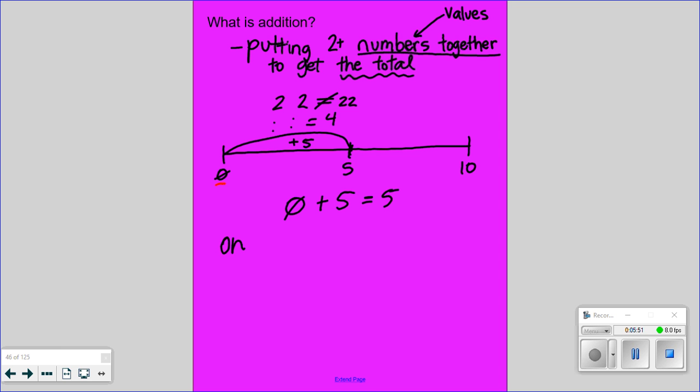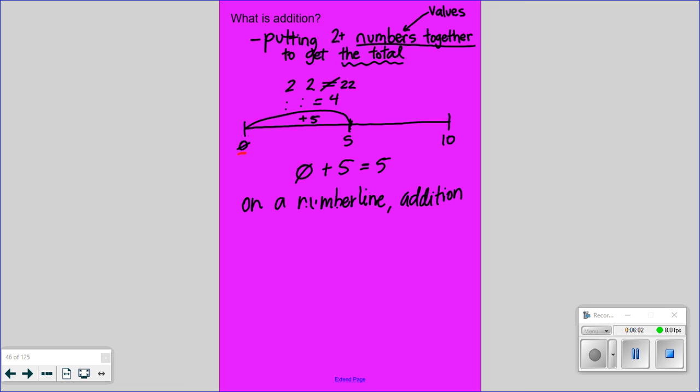Not backwards. On a number line, addition always, in big capital letters, always moves forward.